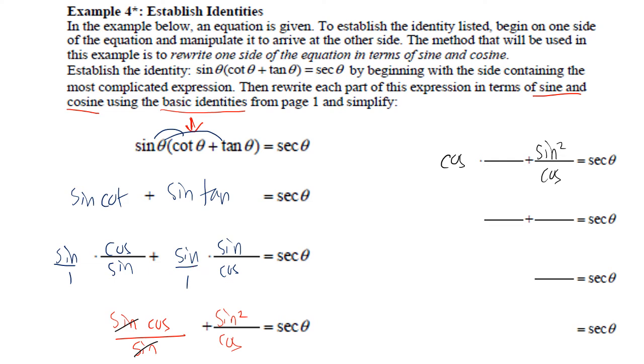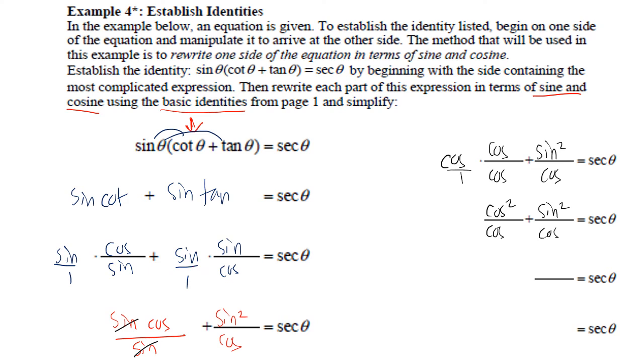All right, well, in order to add them, I need to have a common denominator. So I'm going to have to multiply this one by cosine, so that I'll have a common denominator. And so cosine times cosine over 1 times cosine over cosine is going to give me cosine squared over cosine. And this gives me sine squared over cosine. And now they can be combined.